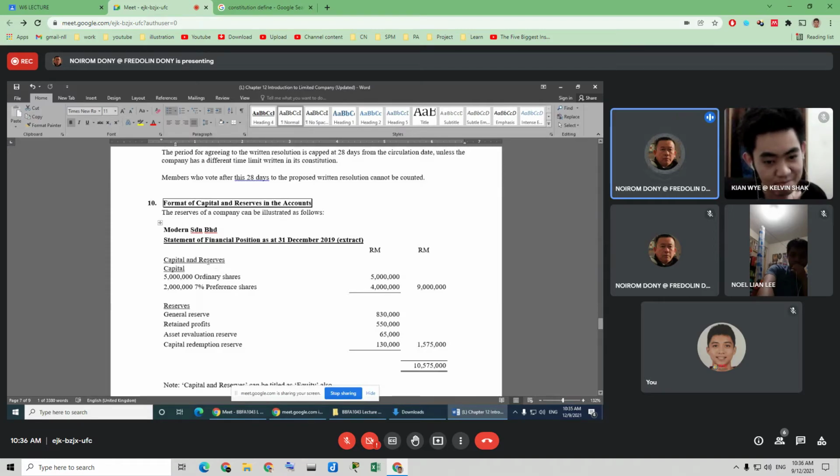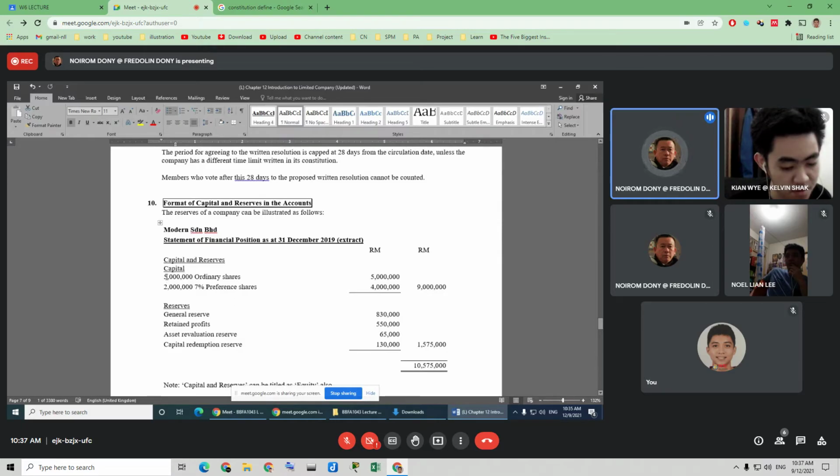For a sole trader, we only put capital, isn't it? But for a company, we put capital and reserve. First, we list down the capital. Remember, just now in the notes we have two types of share capital: ordinary share and preference share. When we list, we need to list the number of shares first.